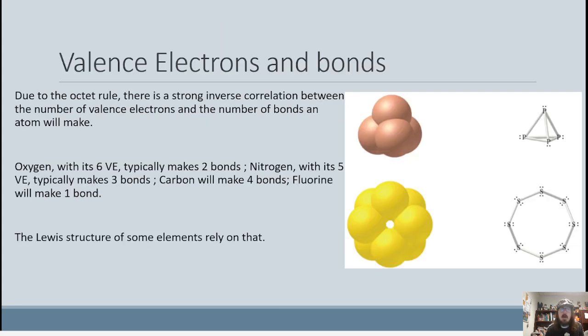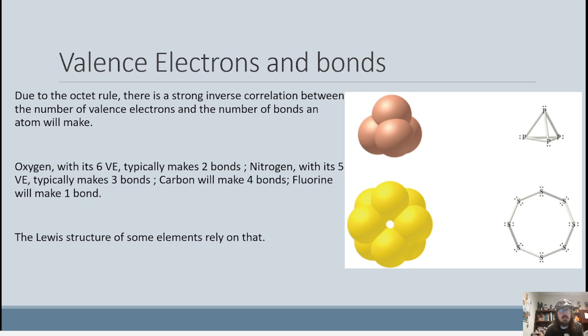Now, due to the octet rule, there is a very strong inverse correlation between the number of valence electrons and the number of bonds an atom will make. Basically, the more electrons it has, the less it needs, and thus the fewer bonds it will make. Oxygen has 6 valence electrons.